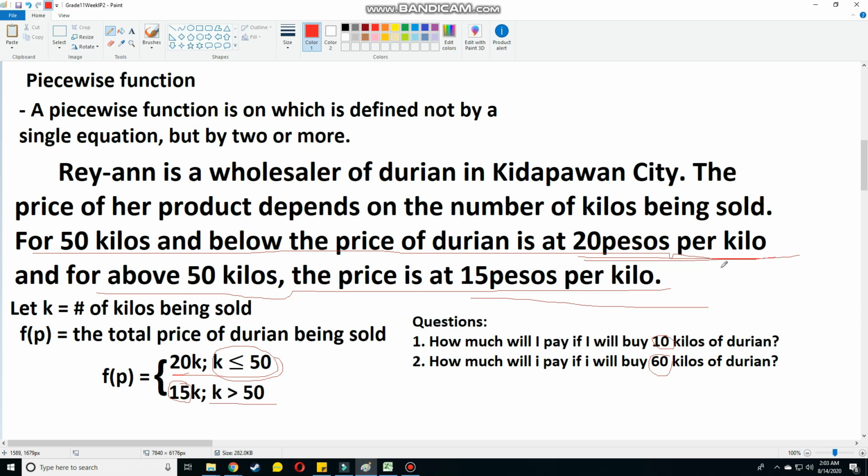I think it was way back in 2016, I was able to buy durian for 25 pesos, not per kilo, but per container, and there were really many plastic containers.